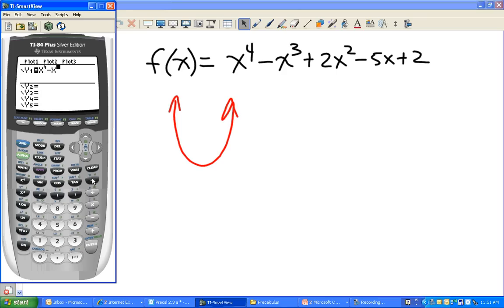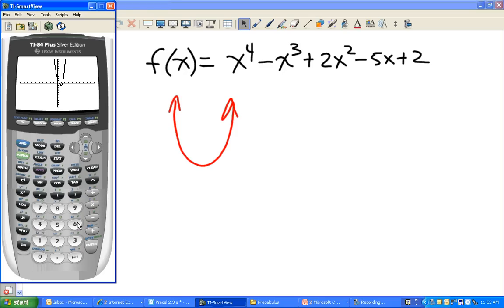X raised to the third power plus 2x squared. You can see that what takes the longest on all of these is actually typing them in to your graphing calculator. So I have my function, press the graph button, and let me do a zoom 6 to get the standard look. It actually ends up looking pretty much like a parabola, and there's not a whole lot of activity.